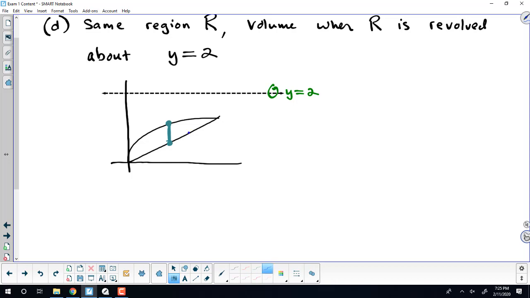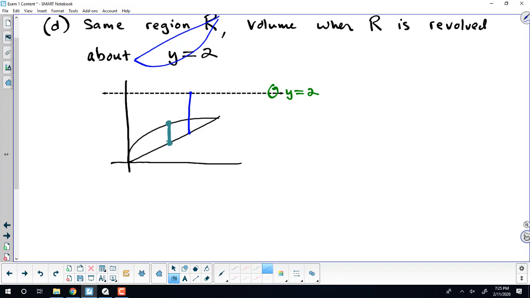From the axis of revolution down here, what would that be? Capital R, lowercase r? Capital R, right? It's the outer radius. It's the larger radius. So we're revolving this around here. That boundary is going to be like this, right?